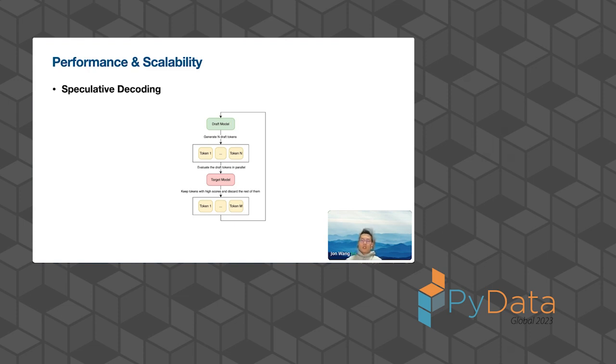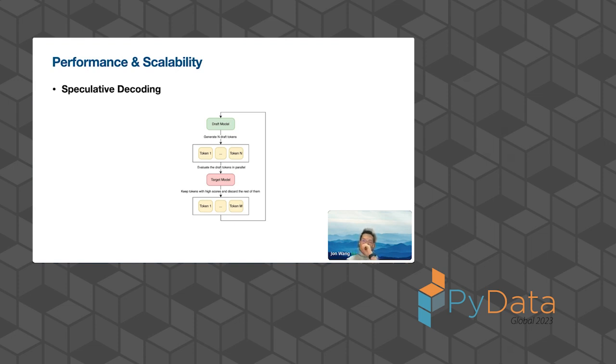If it is good, I mean it's higher than a certain threshold, you can accept the token. And if it's not, you can discard the token and the following tokens. So if the draft has a high acceptance rate, it can lead to a great speedup.